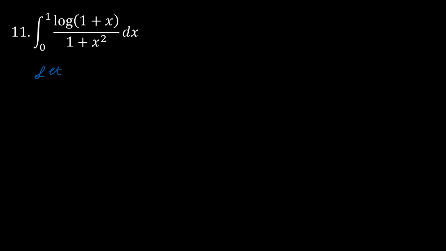So this is a very interesting problem, problem 11: the definite integral from x equals 0 to 1 of natural log of 1 plus x over 1 plus x squared. I think we can begin by saying let x be equal to tangent theta, so that dx can be substituted with sec squared theta d theta.